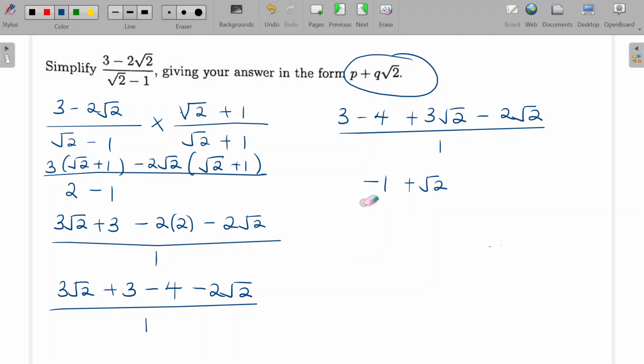So over 1, 1 into this gives you negative 1, plus 1 into this gives you the square root of 2. And this is the answer, which is in the form of p, which is negative 1, plus q square root of 2, which is square root of 2. Here there is 1, which is q. And there you have your answer. Are we together, everyone?